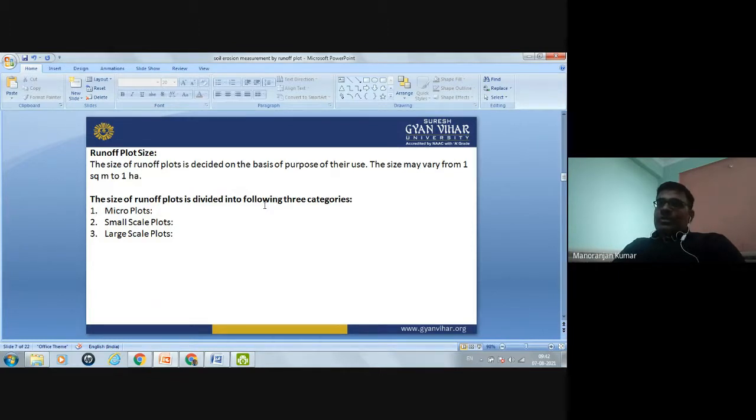So this size of the runoff plot is decided on the basis of purpose for which they are using. So this size of the runoff plot is divided into three categories. First one is the micro plot, second is a small scale plot, and third one is large scale plot.